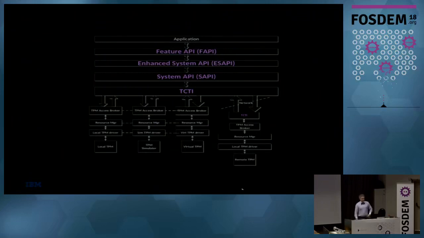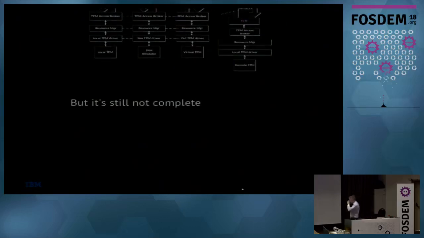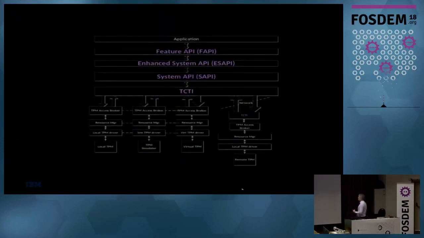So we've got about 4 times the complexity we had in 1.2, which most people agree was an unusable API. And the problem is that it's still not complete. If you actually look at this, they've got as far as writing all of this. The resource manager spec isn't quite finished, but it's about there. System API exists. eSAPI is not standardized, and the feature API is still going through some weird iterations that I didn't really understand.